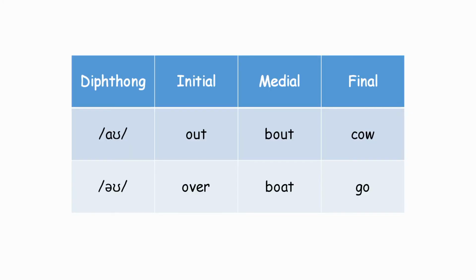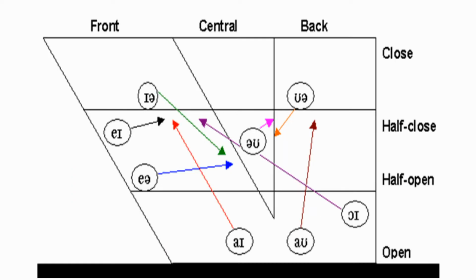Number 1, that is gliding towards U: ow. If you see the diagram here, where is it? Yeah, the maroon arrow.